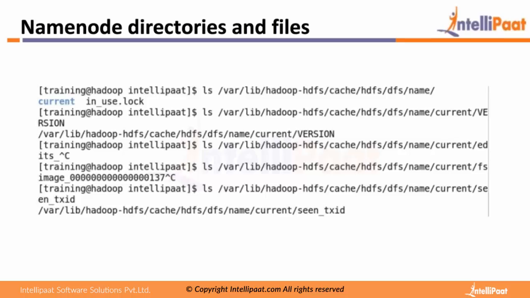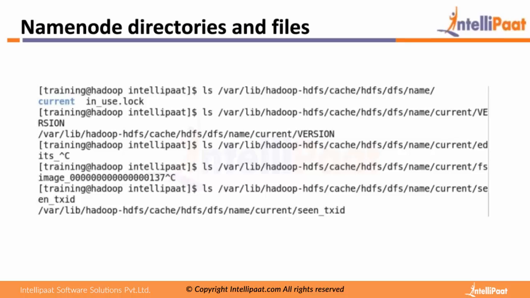These are the mappings maintained by name node to tell which blocks reside on which node, and which blocks make up a file. So this metadata will be stored inside these directories.